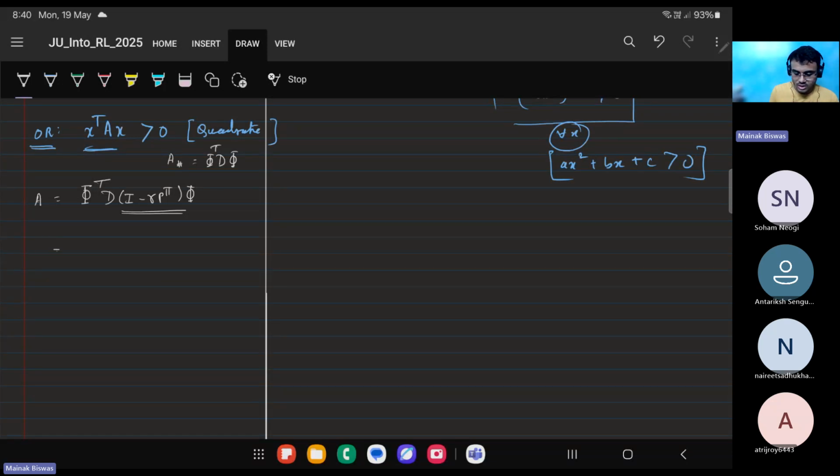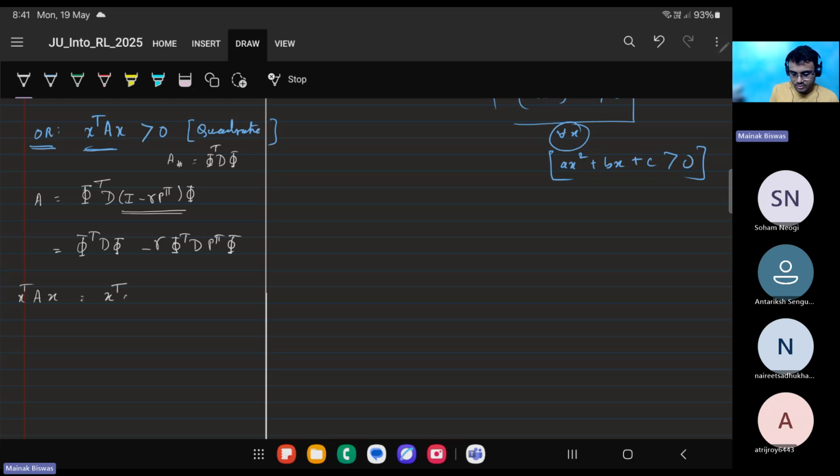So let's see what this is. Phi transpose D phi minus phi transpose D P phi. Now what do we have to do? We have to see whether x transpose A x is greater than 0 or not.